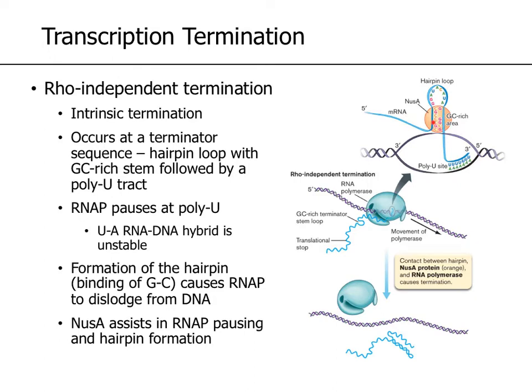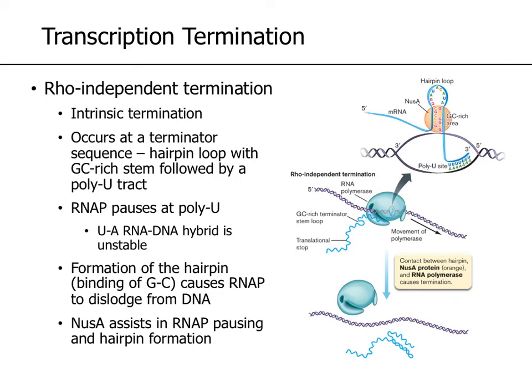The GC-rich stem means these bases here are high in GC content. That doesn't mean that it's all GC. There could be A's, but it's going to be high in GC. And then it's followed by this poly-U tract. This is important for several reasons. When this is being made, this UA hybrid is actually very unstable.